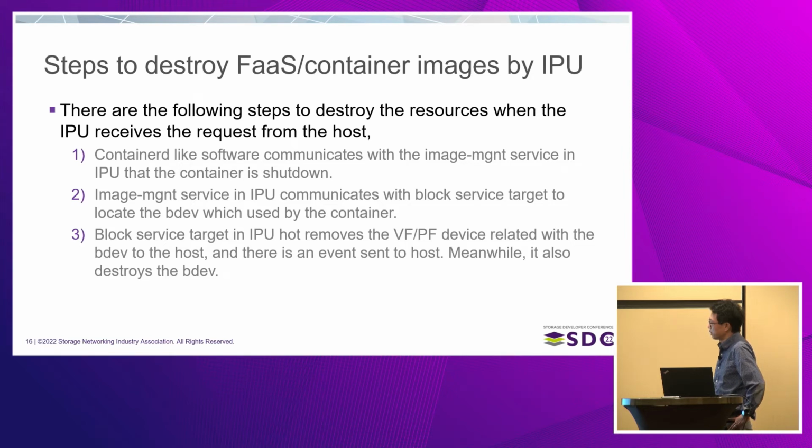NVMe namespace in the NVMe case. And it also can have some smart logic like reference counting, right? If no one is using this root file system anymore, it can destroy everything, like destroy the BDEV and free up that storage space.